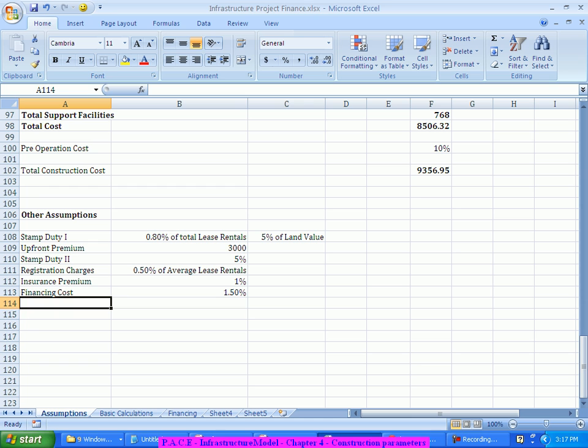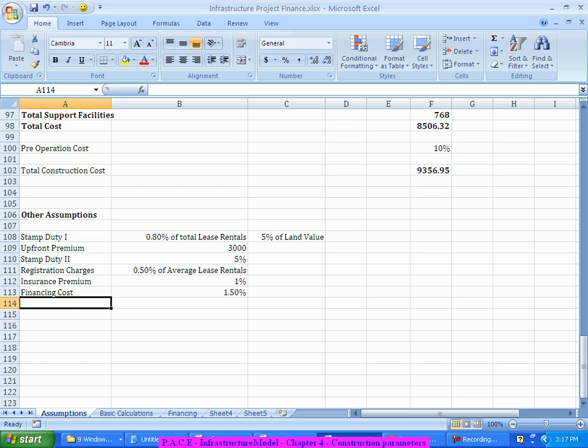And even the interest and all, they are not a part of the direct construction stuff. So those things also we add up, and that is what will cost the total project.